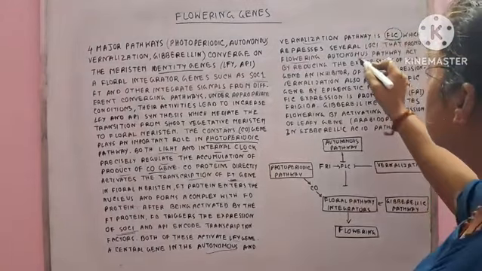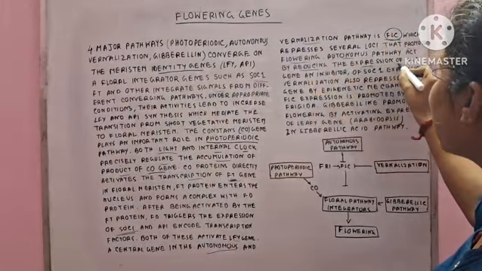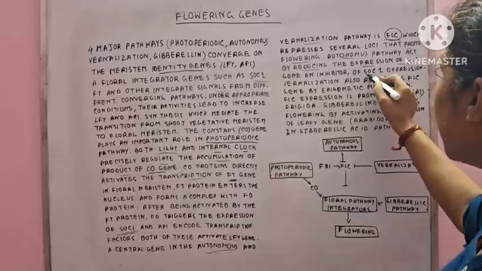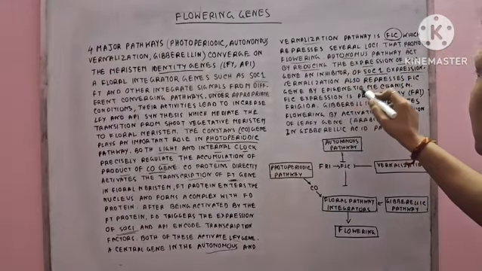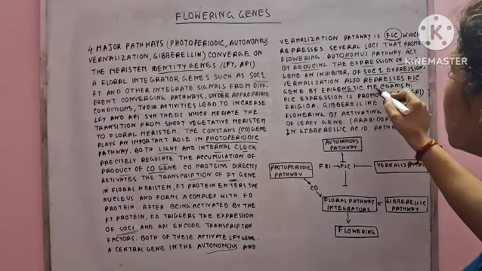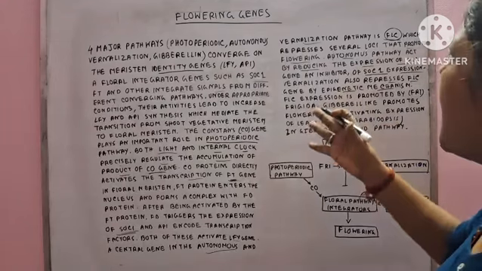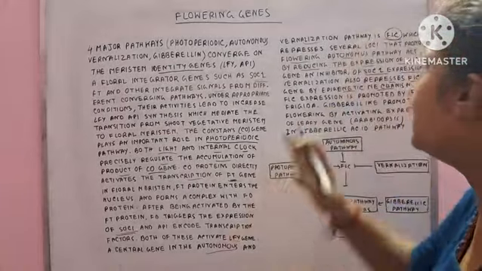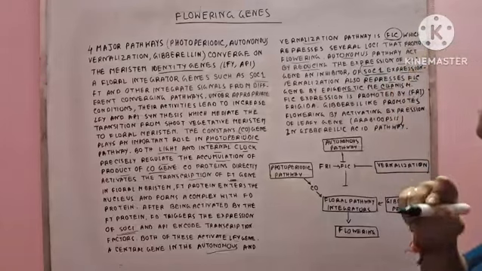Clear? The autonomous pathway acts by reducing the expression of the FLC gene, which is the inhibitor of SOC1 expression, and the vernalization process also represses the FLC gene by an epigenetic mechanism. Clear? So anyhow the expression of the FLC gene must be stopped, because it is the inhibitor of the expression of the SOC1 gene.